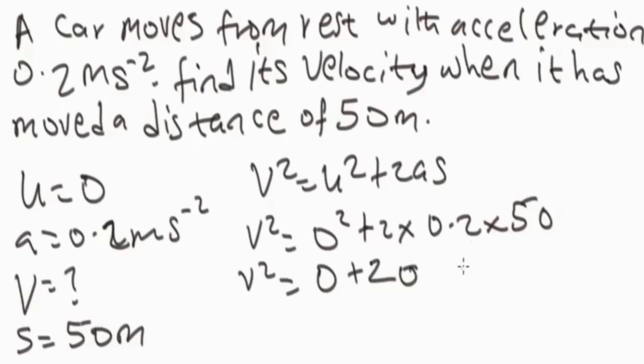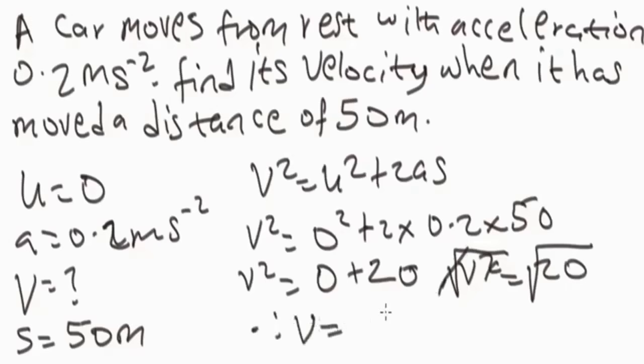So we now have v square equals 20. To make v the subject, you take the square root of both sides, therefore v will be the square root of 20, which is 4.47 meter per second. If we leave it in decimal places, this will be the answer to this question.